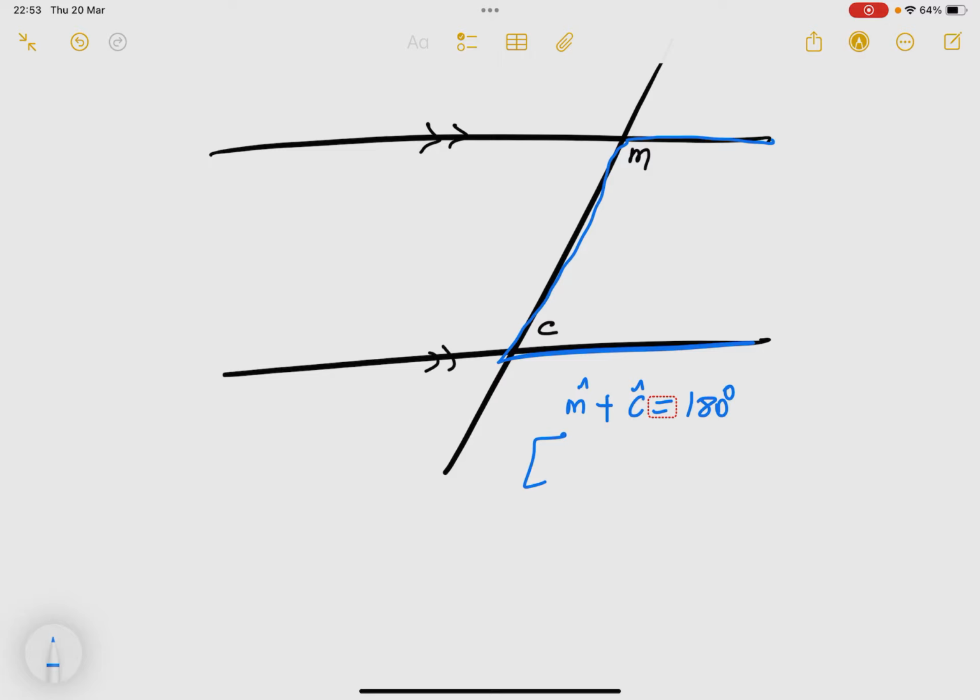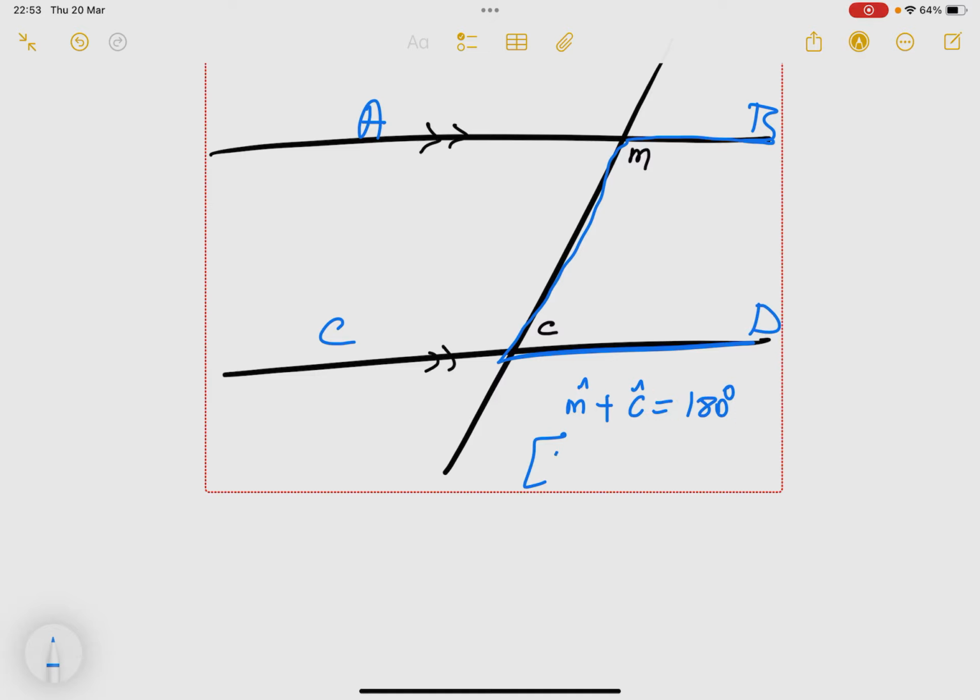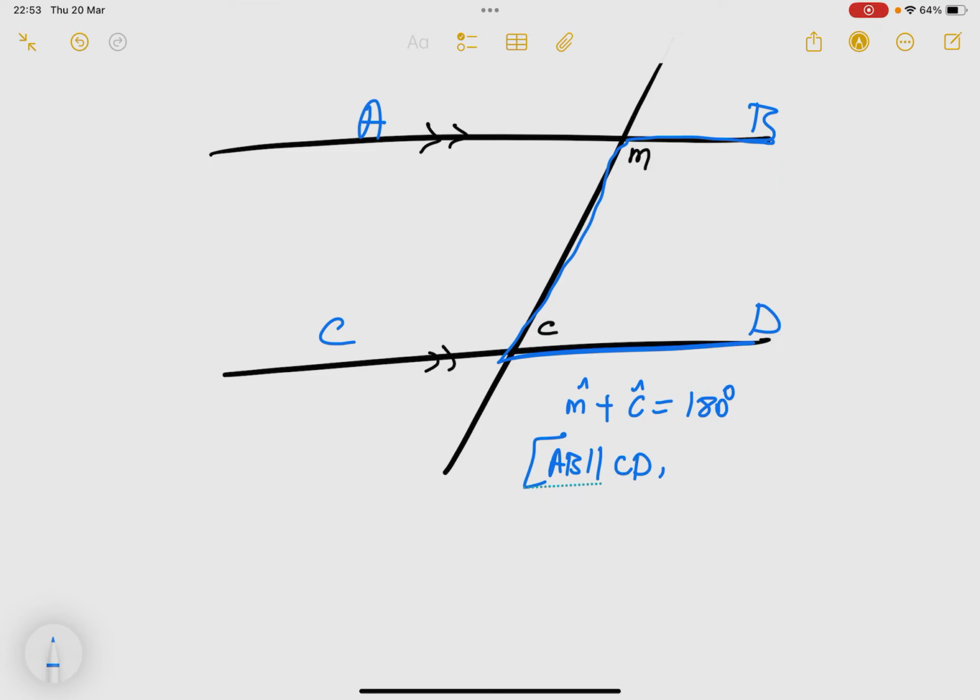And the reason is, let's say this is AB and this is CD, because AB is parallel to CD, therefore they are the co-interior angles.